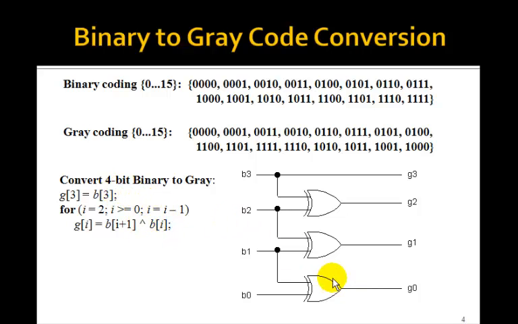So this algorithm produces this circuit, that is G3 gets B3, then G2 is just B3 exclusive OR with B2, G1 is just B2 exclusive OR with B1, and G0 is just B1 exclusive OR with B0. So this simple circuit will implement this binary to gray code conversion for 4 bits.